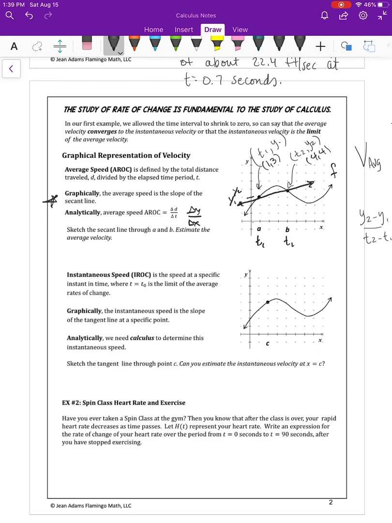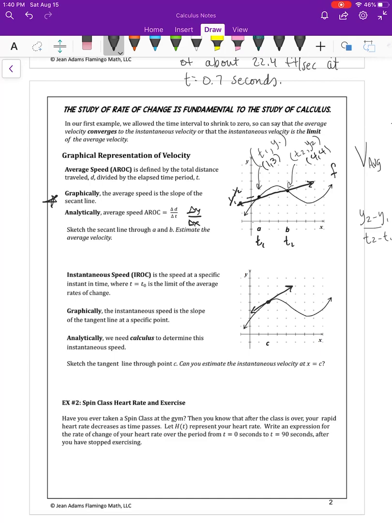So basically, you're taking it at one point and then really fast at another point, but the amount of time is so small that it basically goes to 0. So this becomes a tangent line, because the change in time is so small that it's basically 0, okay?